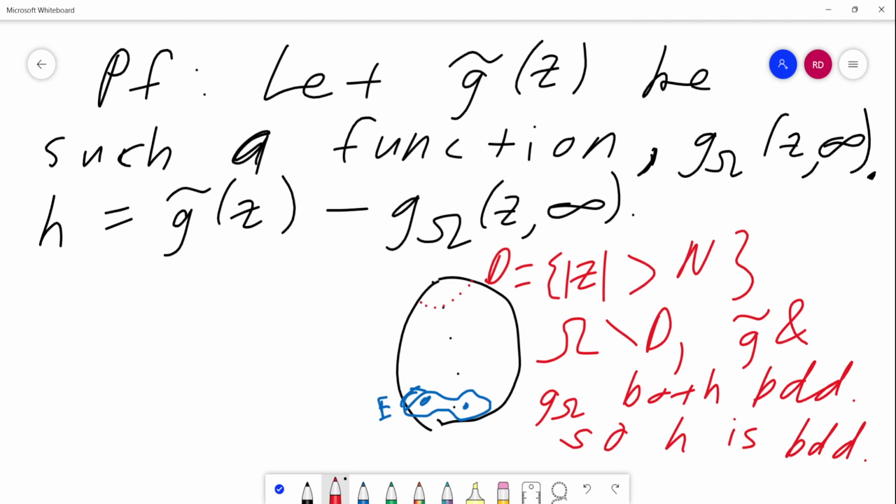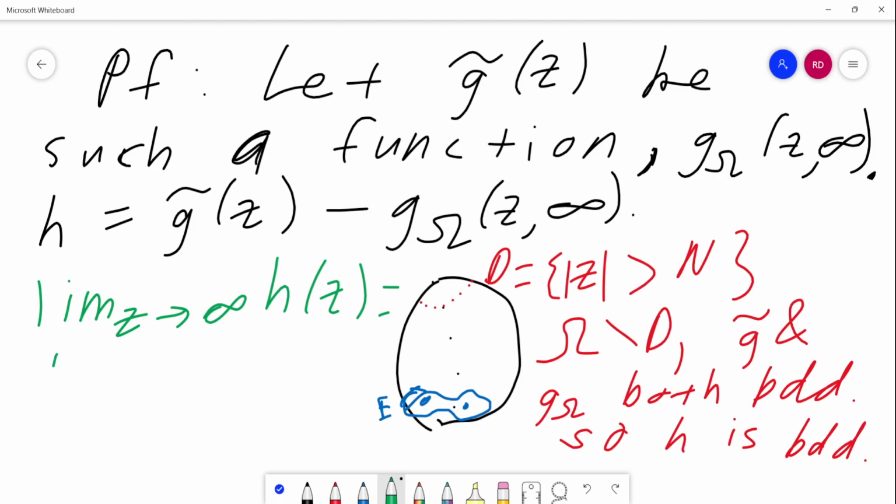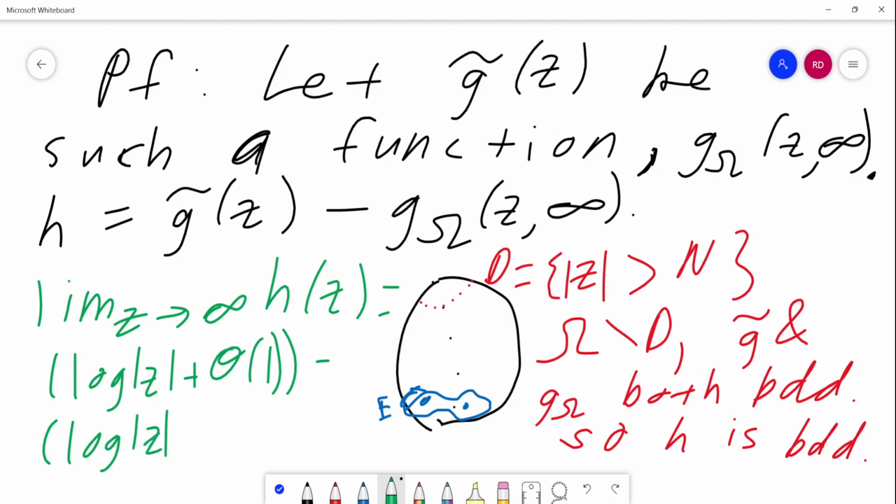What about on D? Well, if we take the limit here as z goes to infinity of h, that converges to log z plus big O of 1, minus log z, big O of 1.